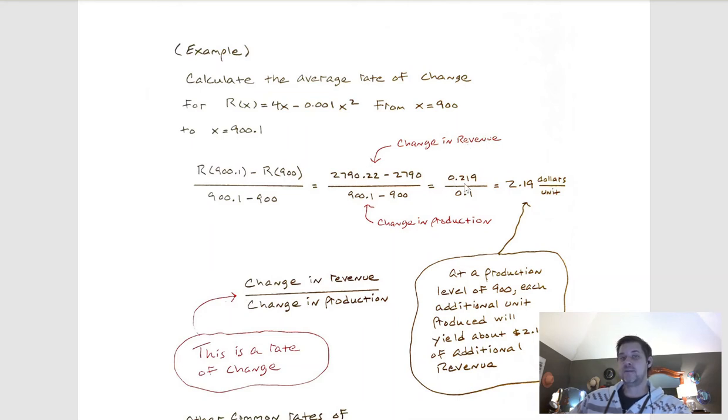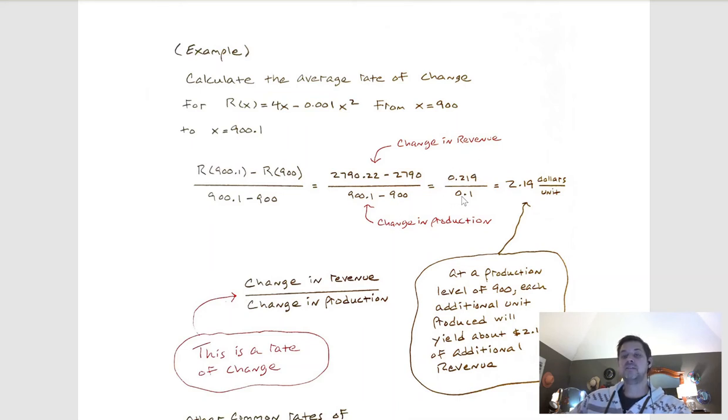Well, it's about 22 cents, 0.219. This had some rounding in it already, so it's not exactly 22, but there it is. That's the change in the revenue between the two corresponding levels of production. And when you subtract these, that's the increase in production. So yes, that is a rate of change.